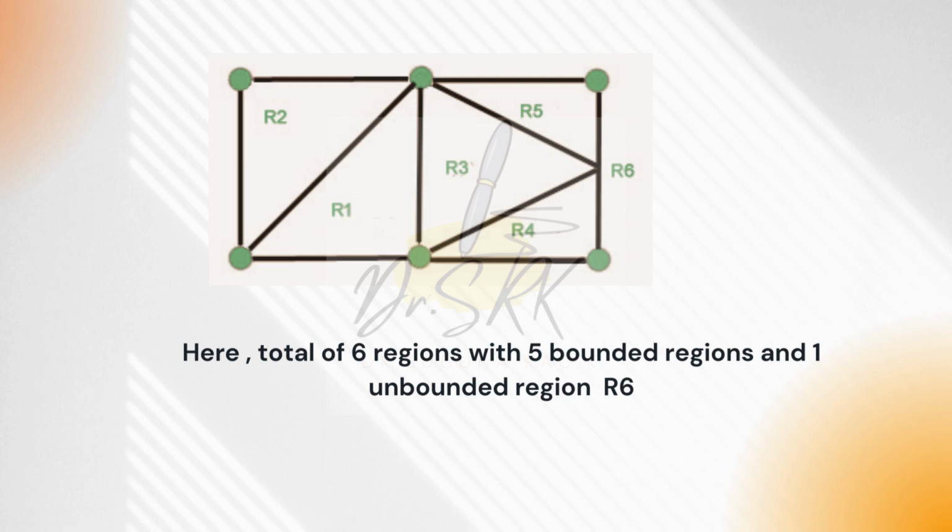Why? Because the areas of these regions are finite. What about the region R6? The area outside this graph is infinite. That's why R6 is the infinite or unbounded region.